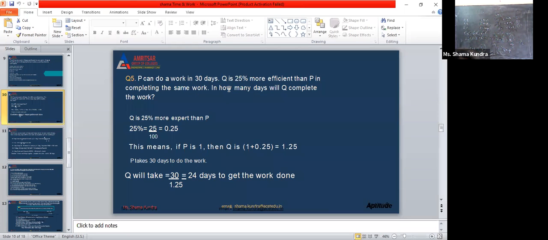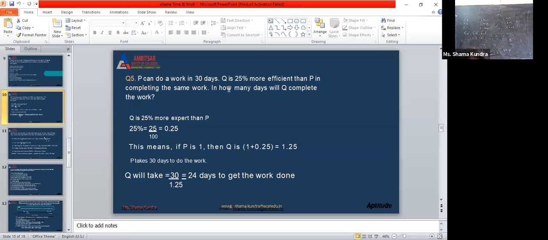So if P collects 1 pebble, how much will Q collect? 1.25.